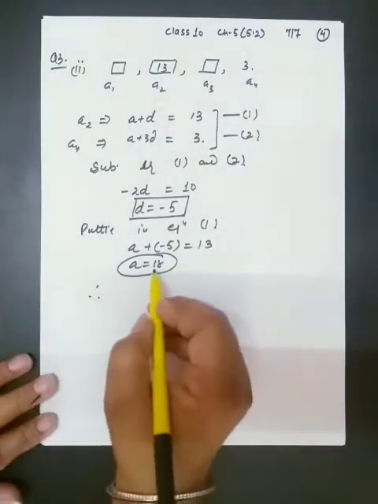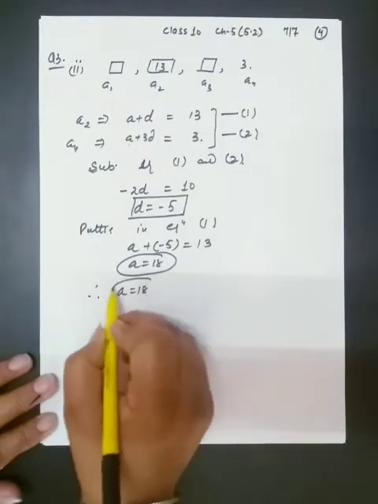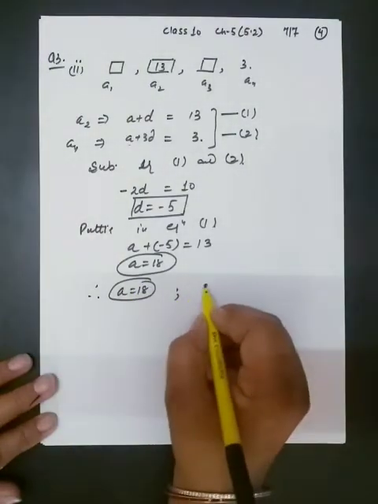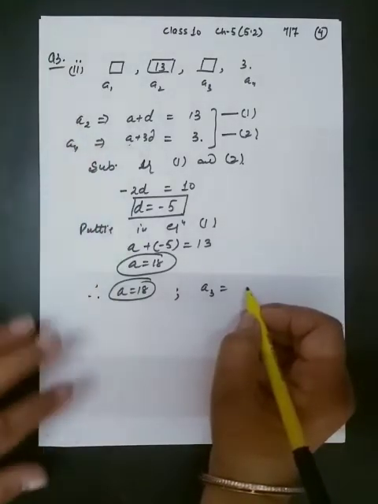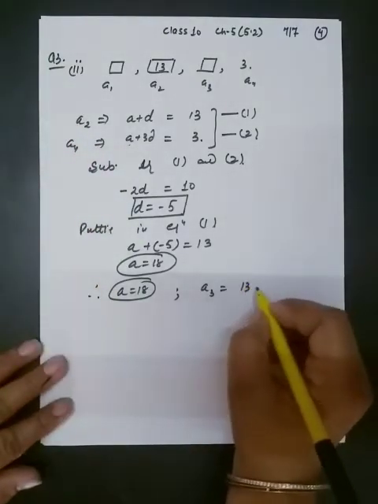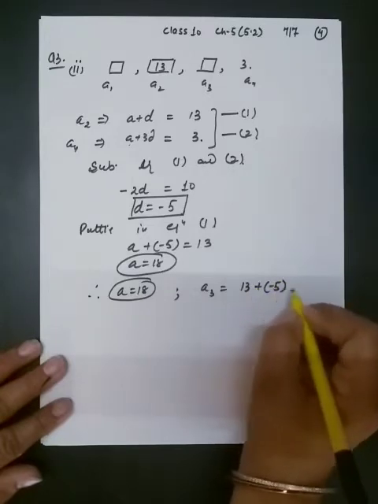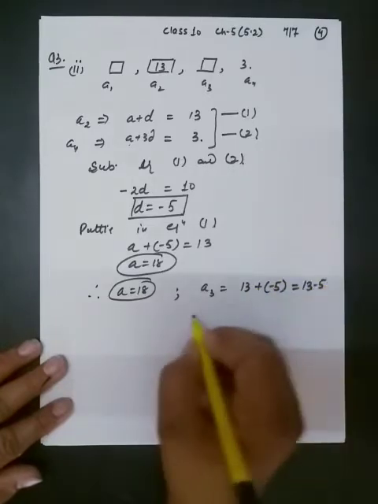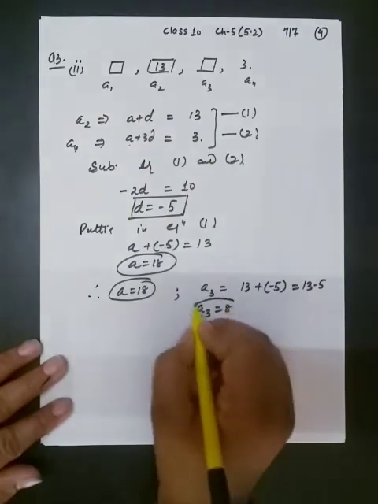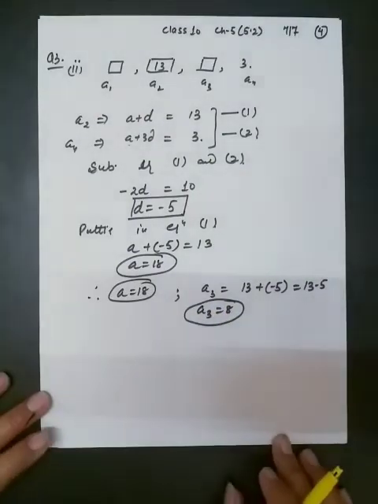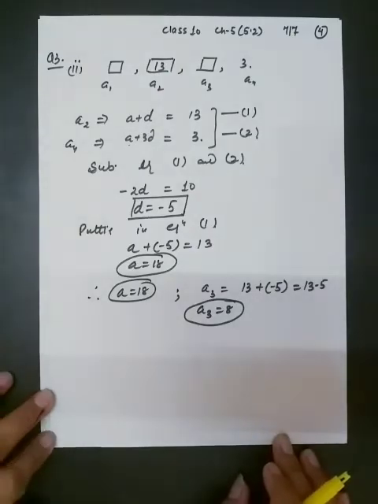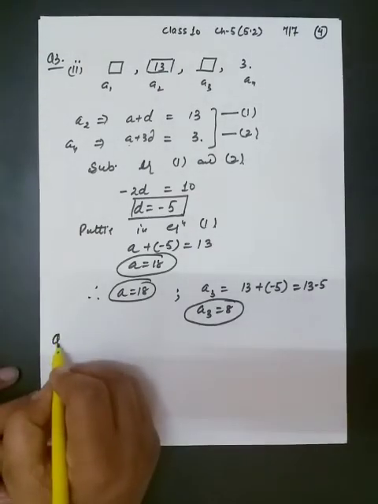Therefore now first term we have found, 18, and third term we have to find. Third term is second term plus minus 5. Second term is 13 plus minus 5 and it will be 13 minus 5. Therefore A3 will be 8. Here I am taking part number 5 of question number 3.